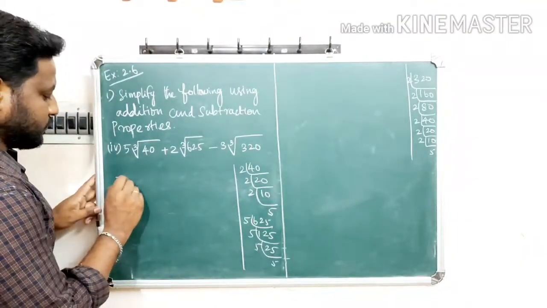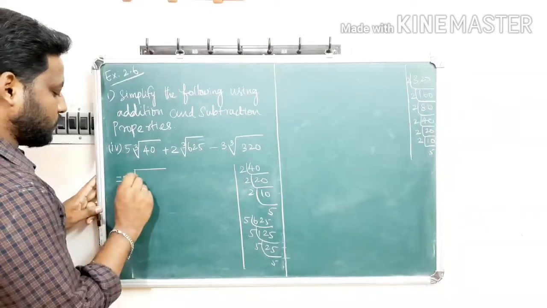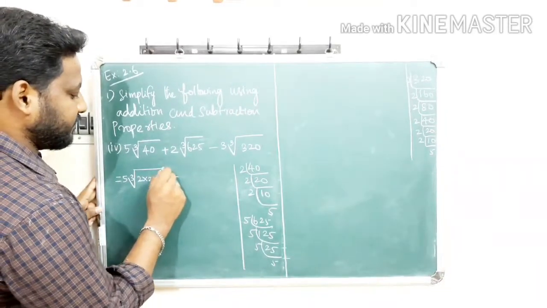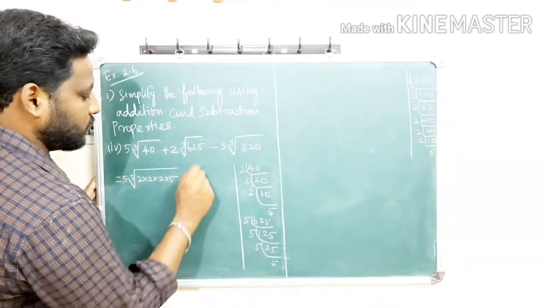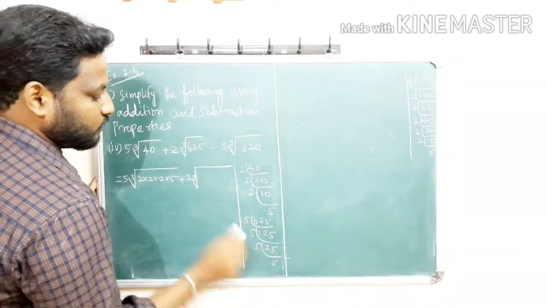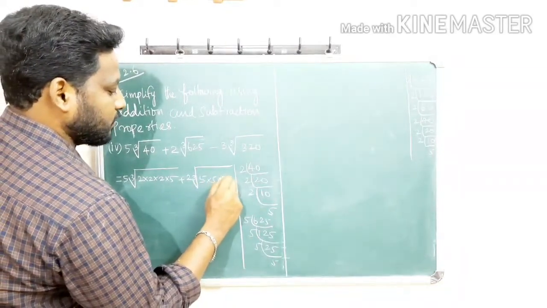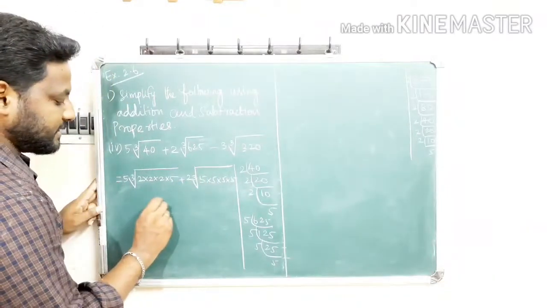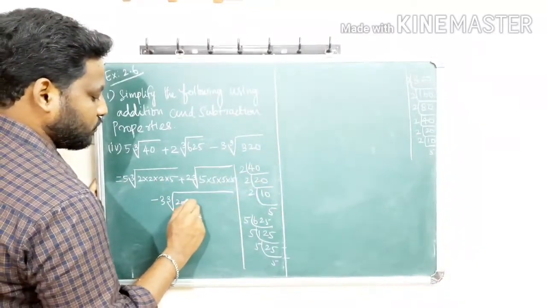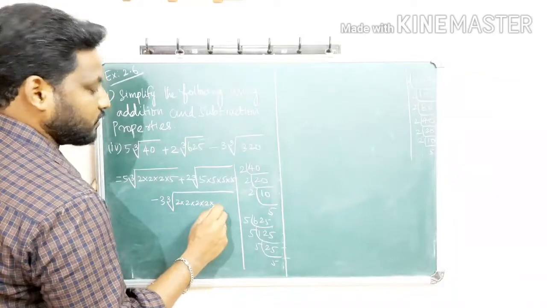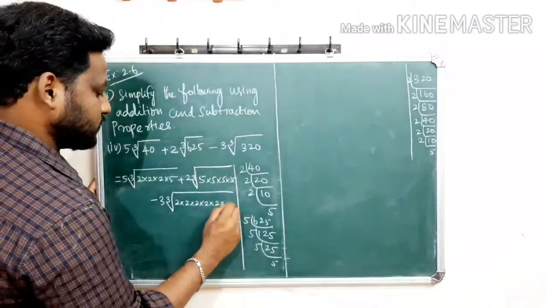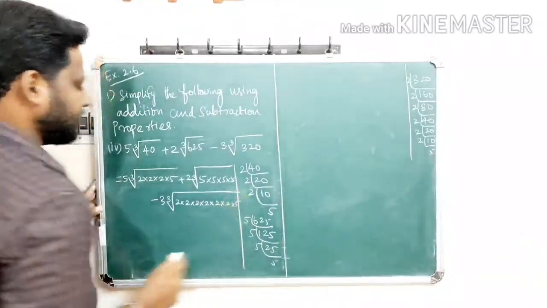So 5 cubic root of 40 should be written as 2 into 2 into 2 into 5, plus 2 cubic root of 625 should be written as 5 into 5 into 5 into 5, and then minus 3 cubic root of 320 should be written as 2 into 2 into 2 into 2, 6 times 2, into 5. So now look at this.